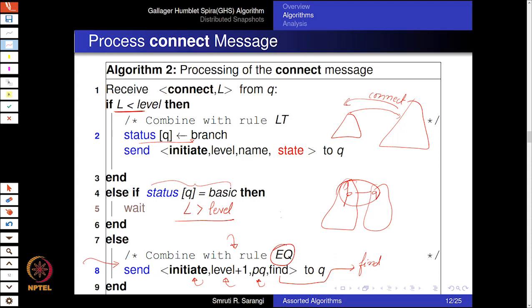So this is basically what we do, that we send an initiate message to the new fragment, and the new fragment starts the process of finding. Alright, so we did make certain assumptions here, we have not proven, but let's continue. So the application of rule LT and rule EQ would be very clear over here.